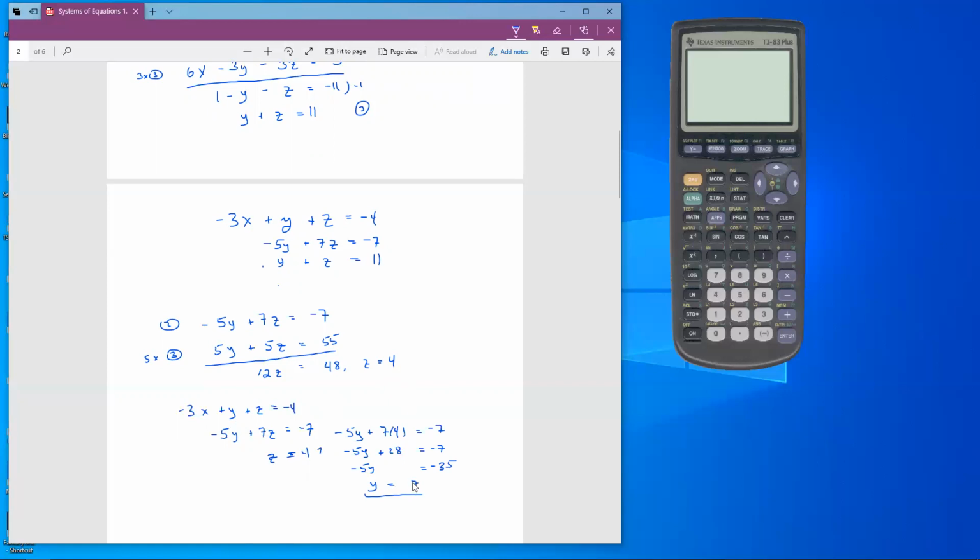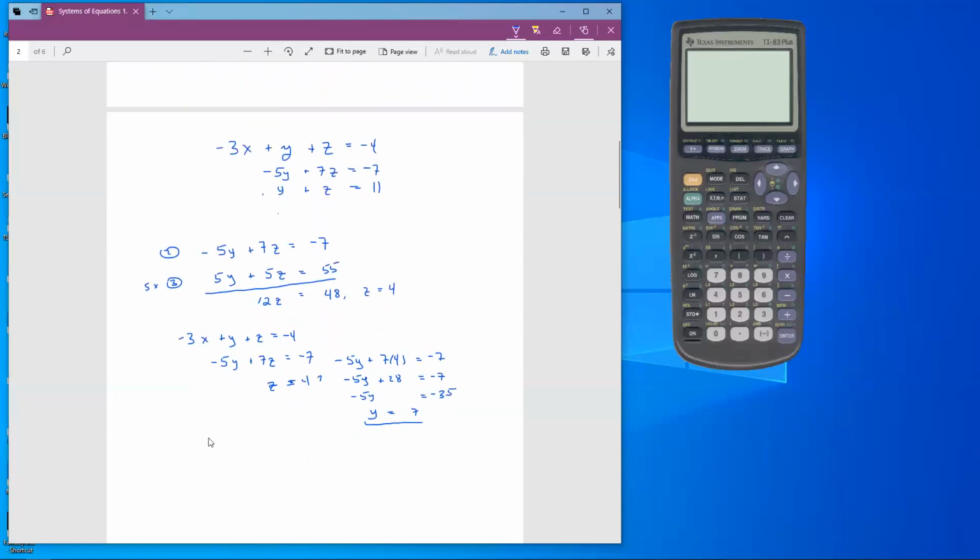All right, and then we're going to go back to our first equation. We're going to say here is negative 3x plus, what the heck is y? Y is 7, plus what is z? Z is 4, and that's equal to negative 4.